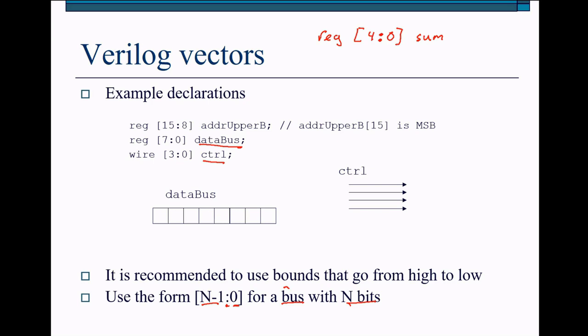In this case, sum is a 5-bit reg variable, and if you want to declare more than one 5-bit reg variable, you can just list further identifiers separated by commas and terminate with a semicolon. So in this example, we have sum with 5 bits, and we've total with another 5 bits.